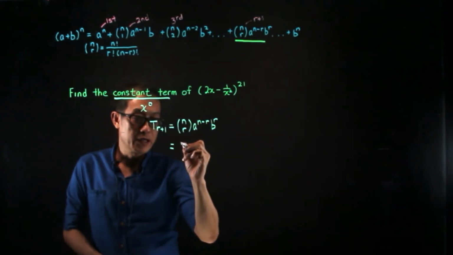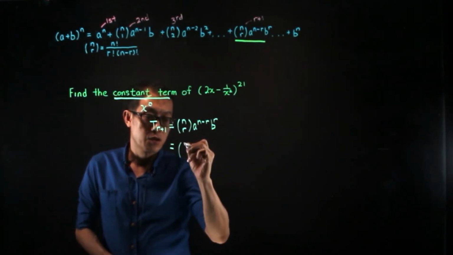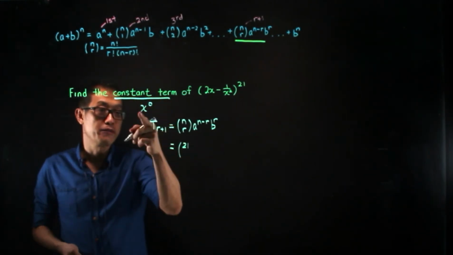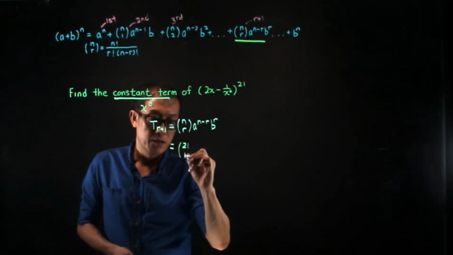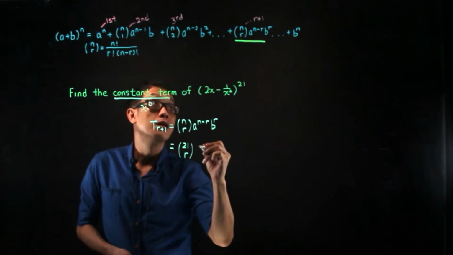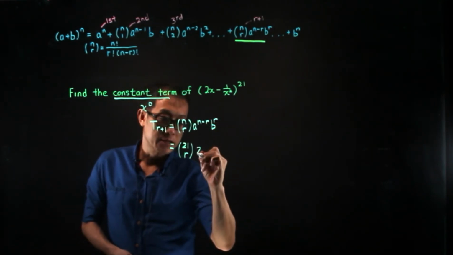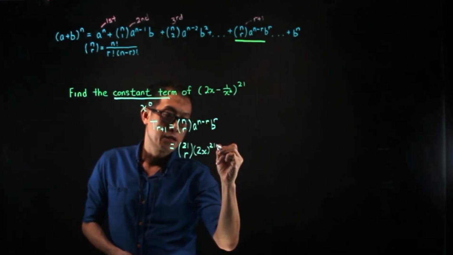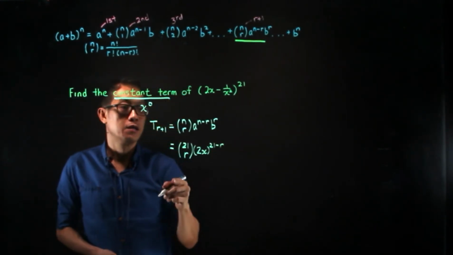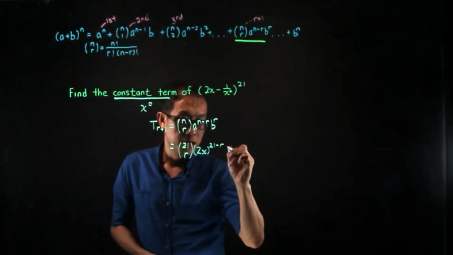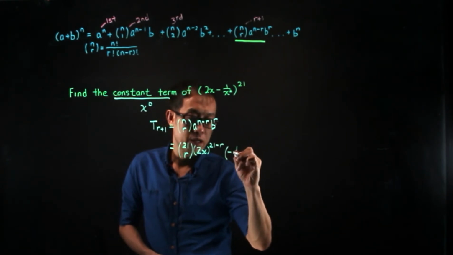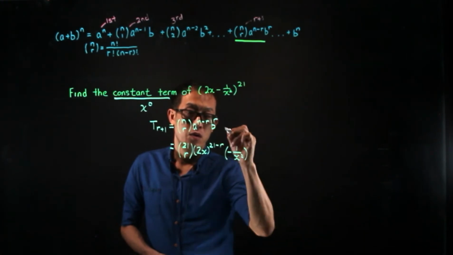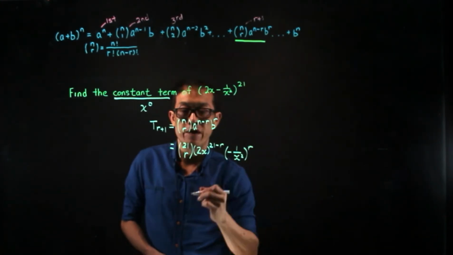So I just fill in n is 21. I do not know which term will give me the constant term, so leave it as r. My a is 2x, to the power of 21 minus r. My b is minus 1 over x squared, to the power of r.